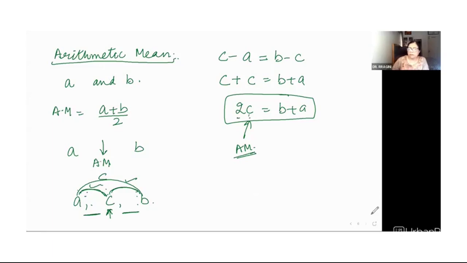If we have two numbers A and B, now we don't only require one arithmetic mean. Let's say we have to insert three numbers between these two numbers so that the resulting sequence is an arithmetic progression. Let me take some examples.